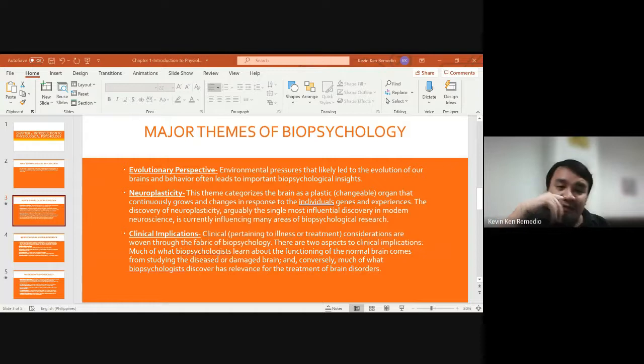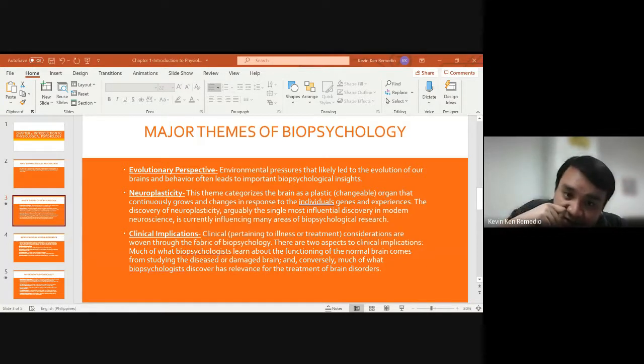Unsa ang pasabot aning clinical implications? Clinical pertaining to illness or treatment, clinical considerations are woven through the fabric of biopsychology. Because there are some psychological disorders that can be attributed to certain biological processes.